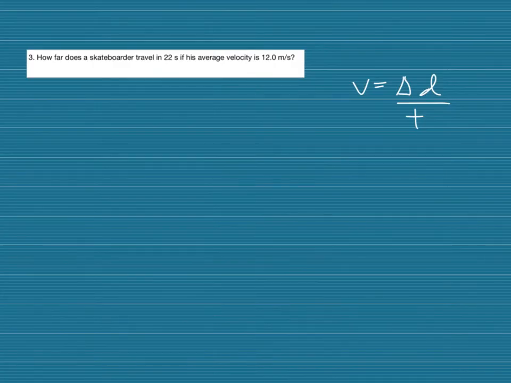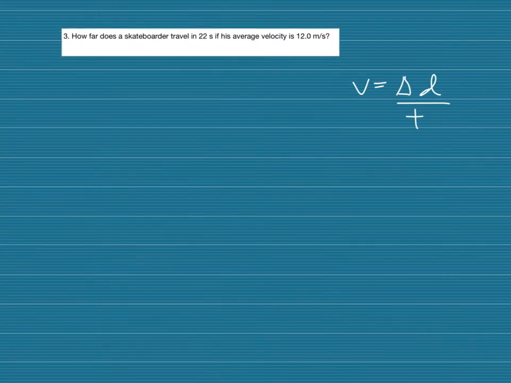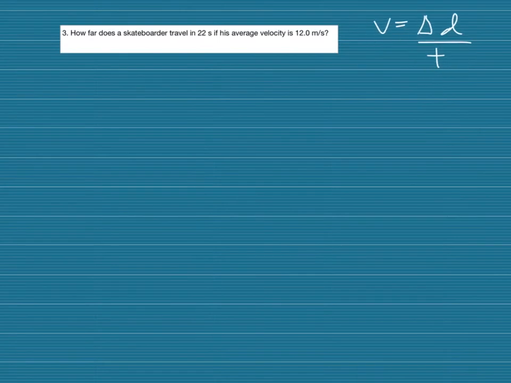Okay, the next problem. It says, how far does a skateboarder travel in 22 seconds if his average velocity is 12.0 meters per second? So first, it says travel in 22 seconds, it's telling me the time.